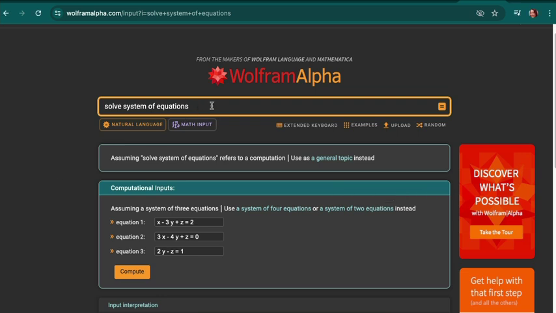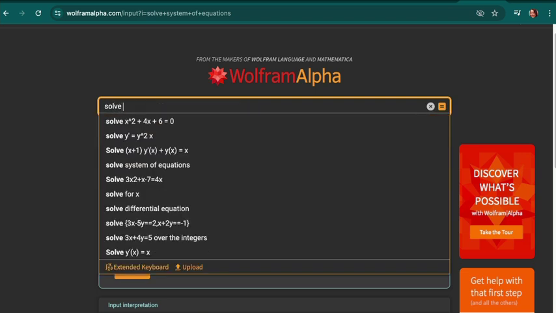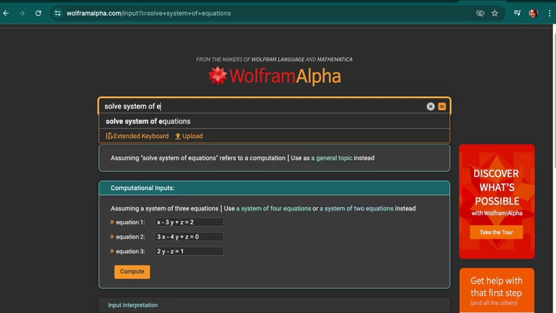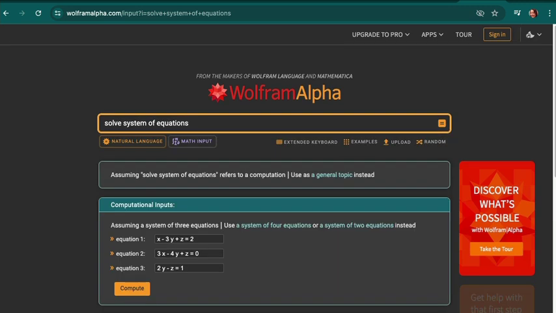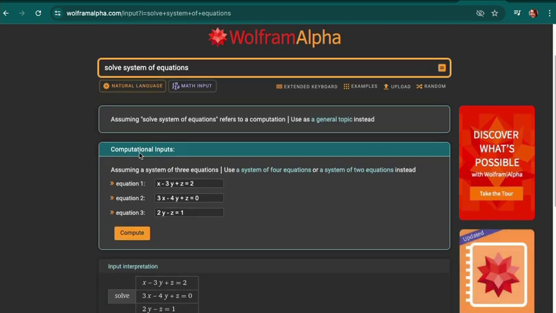This bar right here, this orange rectangle, is their search bar. So basically I'm just going to type solve a system of equations, hit enter, and it actually gives you a box that you can input your equations into. And notice the words here.